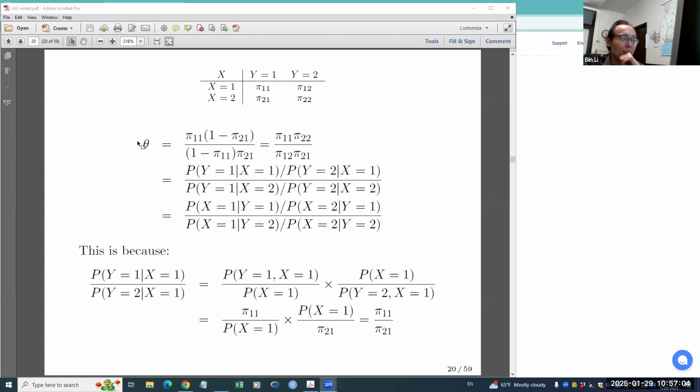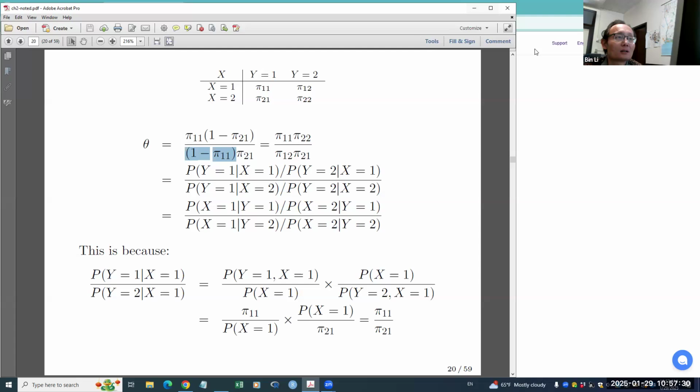So to get the odds ratio, it is this one, right? I think that's very easy to see. So pi 11 is this one, right? Over what? 1 minus pi 11, right?